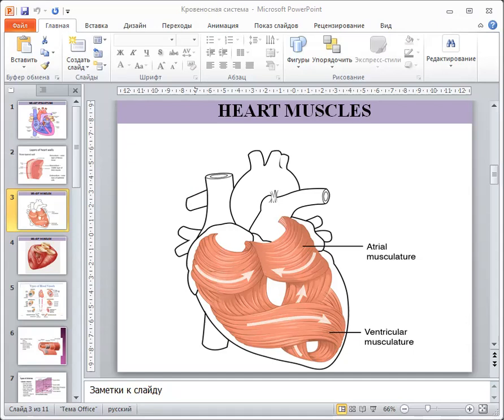The atria and ventricles are connected with each other by means of atrioventricular bundle. Blood supply of heart is carried by two arteries, right coronary artery and the left coronary artery, which are first branches of aorta. Valves prevent reverse direction of blood flow.